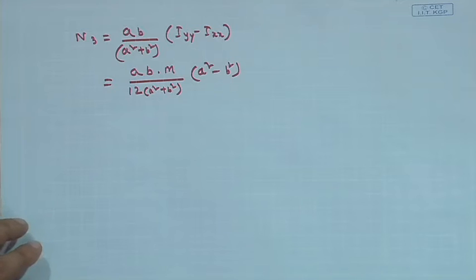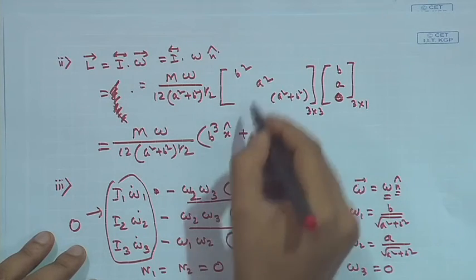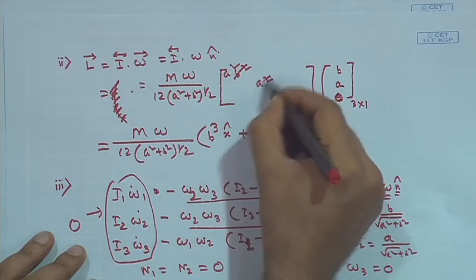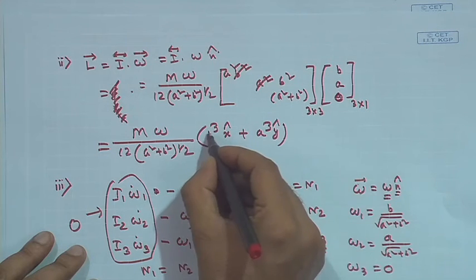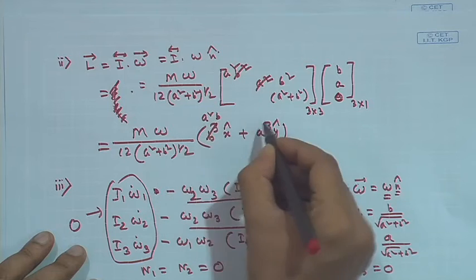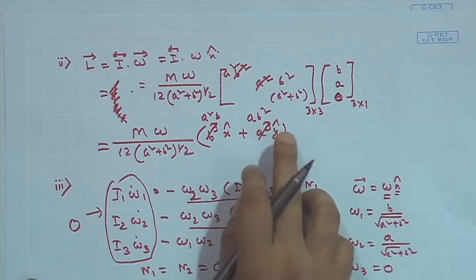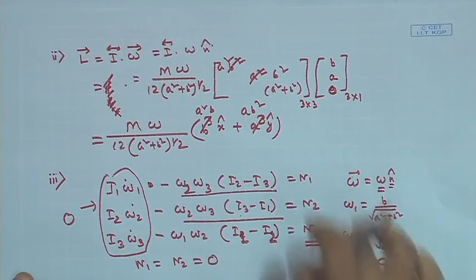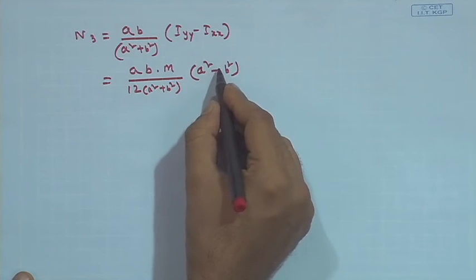So also for the expression of L, it will be a square here and b square here. So it will be a square b and a b square, right? So this is the expression for L omega. And for the last part, this will be b square minus a square, because otherwise the torque becomes negative, right?